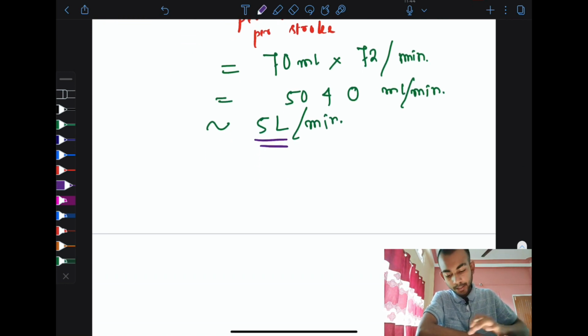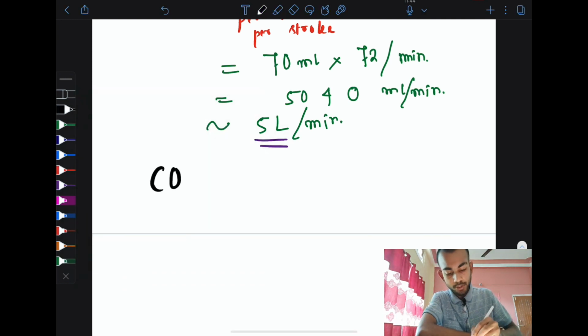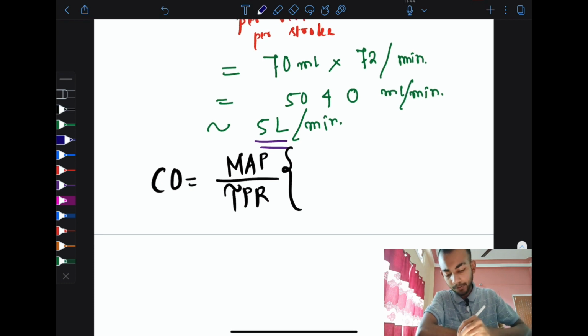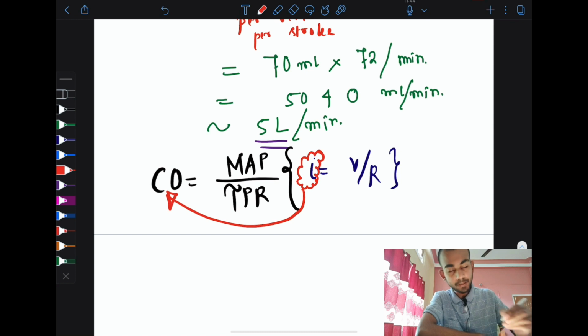So the cardiac output is approximately how much? 5 liters per minute. Now before proceeding, guys, let me familiarize you with another formula for measuring cardiac output, that is equal to the mean arterial blood pressure divided by the total peripheral resistance. Now for remembering this formula, we can apply the analogy of electricity, that is I is equal to V by R, where I, the amount of current flowing through the circuit, is analogous to the cardiac output, right?